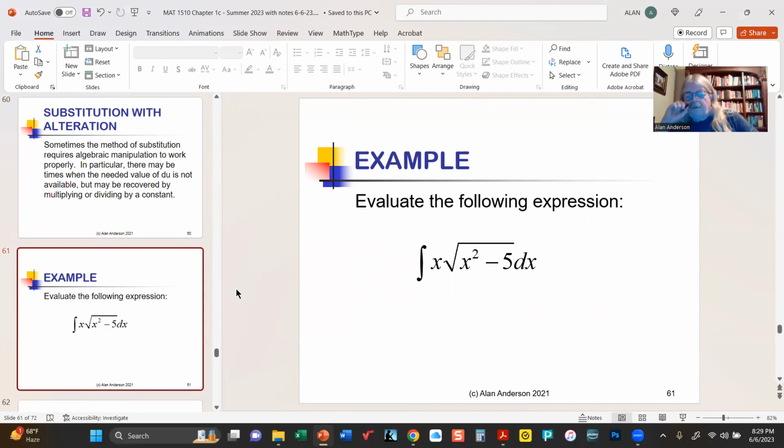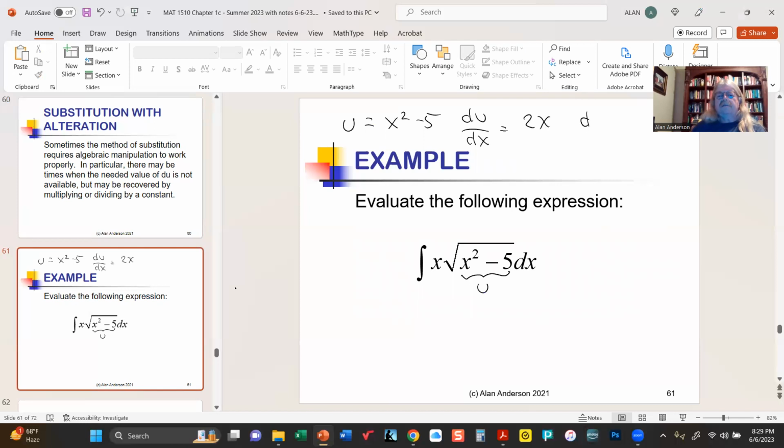Now, based on what we've been doing, it looks like we should probably let u be this piece. du dx is 2x. Okay, so we have, see now, let's rewrite this.